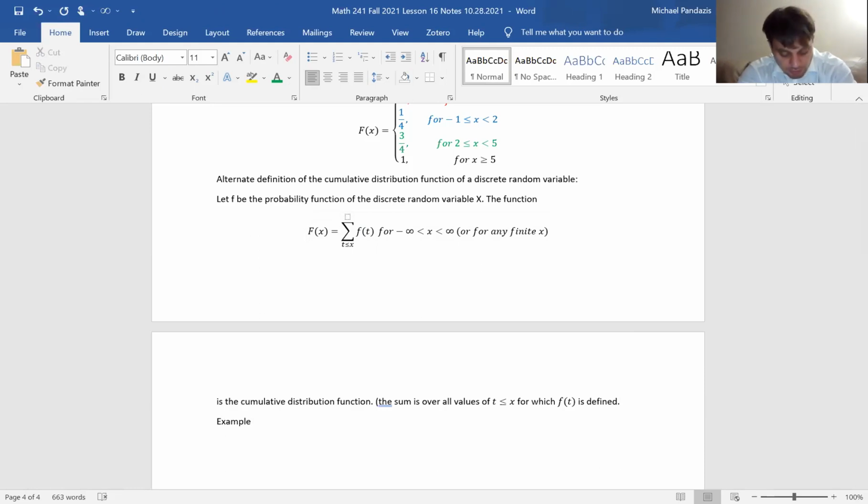Okay, so this is example 4.21, finding the probability with a cumulative distribution function.